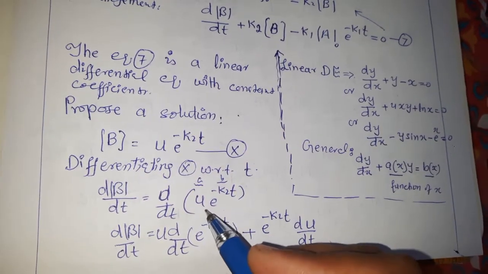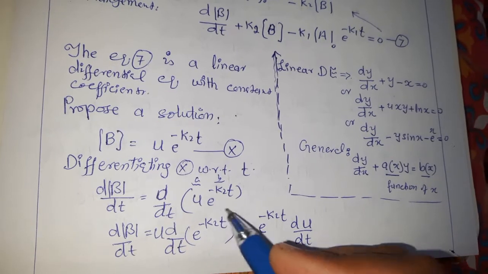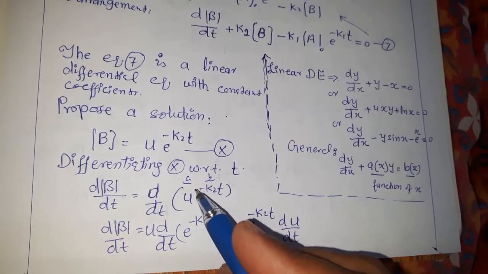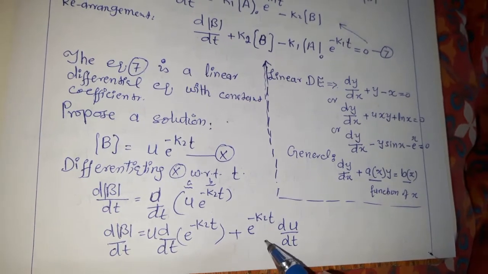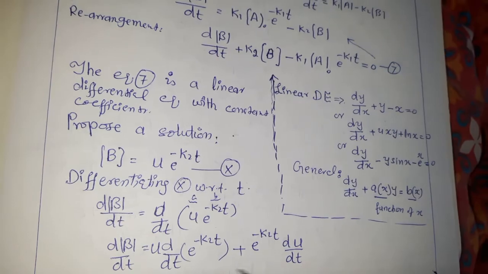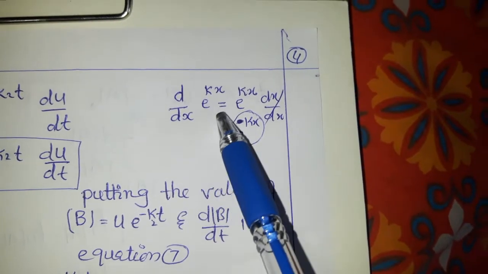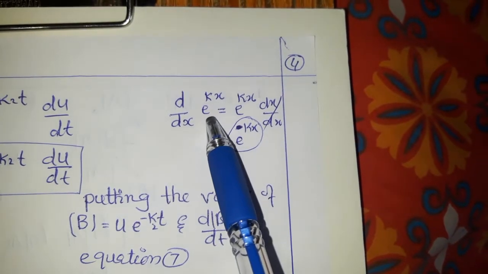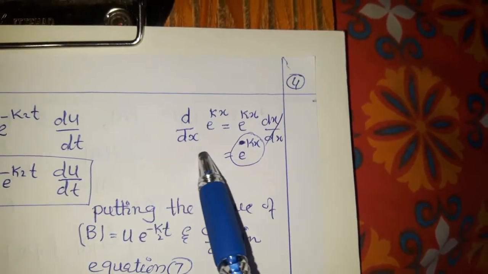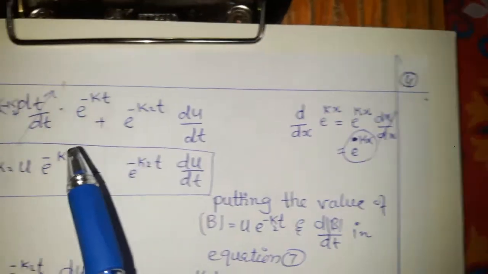So we differentiate a keeping b constant, and in the other case we differentiate b keeping a constant. Applying this general differentiation rule to the exponential factor, differentiating e raised to kx with respect to x, we get e raised to kx.